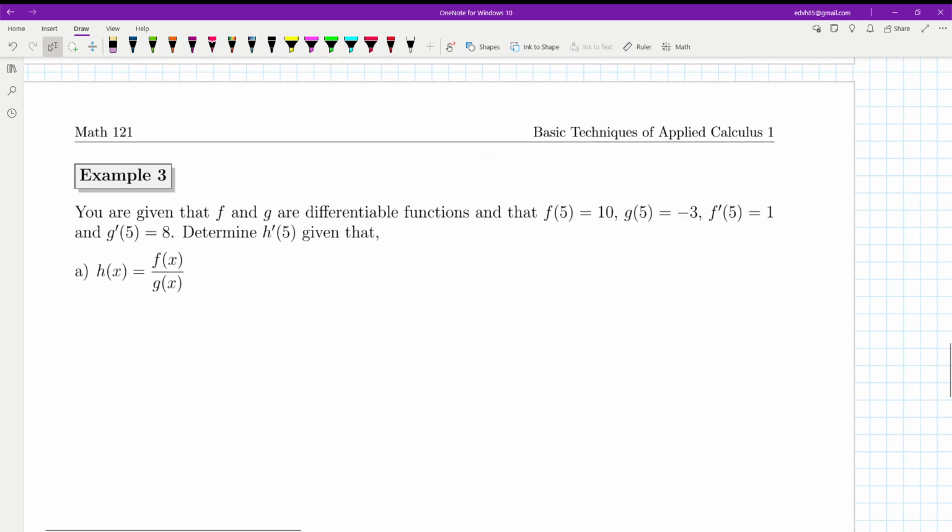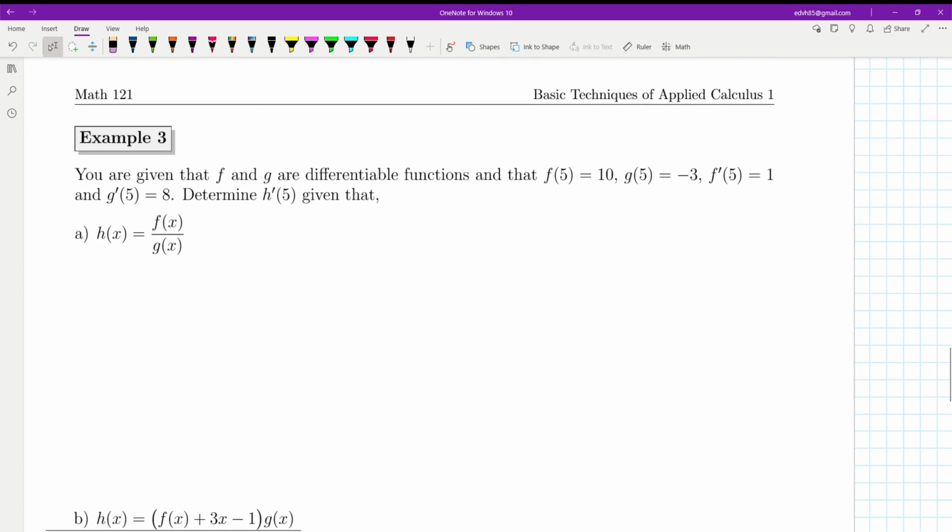Notice in this case, they're not giving us the explicit forms of each function here. They're just telling us that we have two differentiable functions, right? They're telling us that the original function f evaluated at 5 equals 10. They're telling us that a second function g evaluated at 5 equals negative 3.